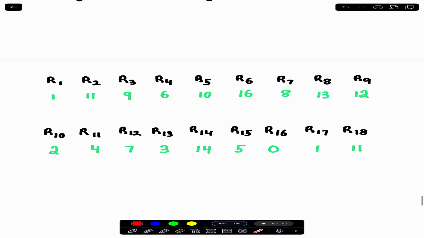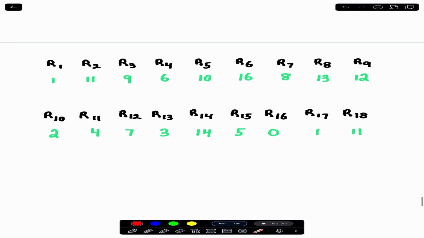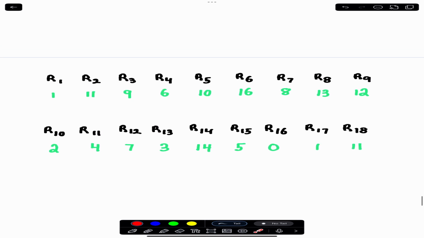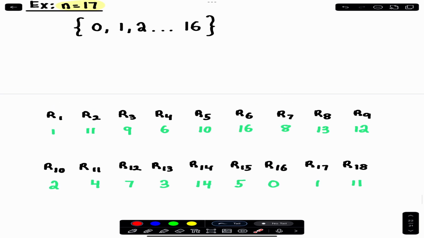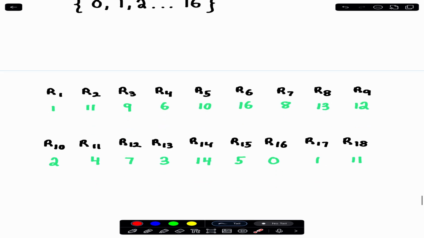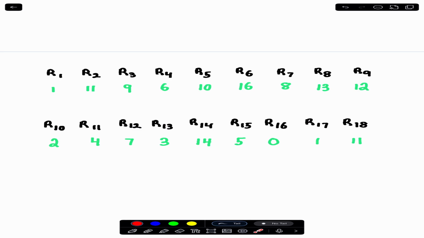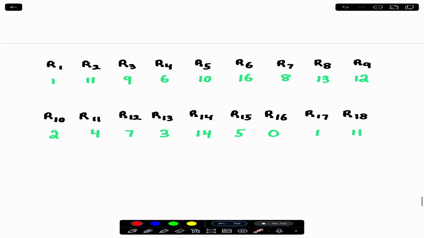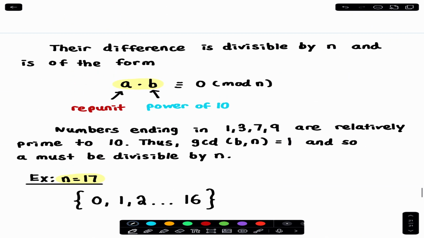So as we can see, of the 18 rep units in this list, these are the remainders upon division by 17. And what do you know? Indeed, rep unit 1 and R17 both have the same remainder when divided by 17.